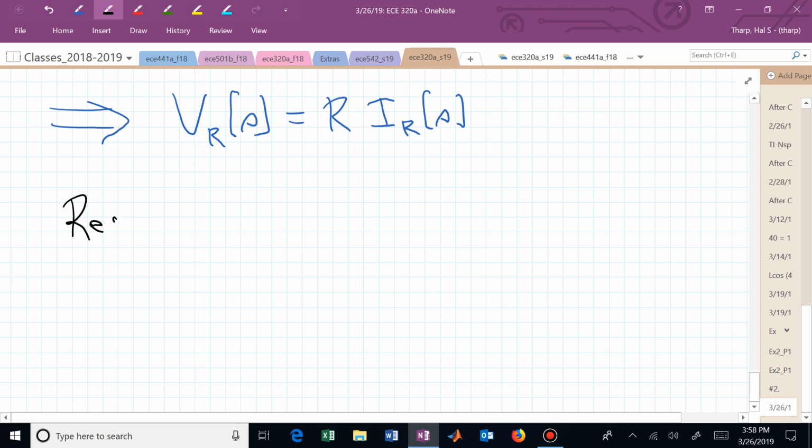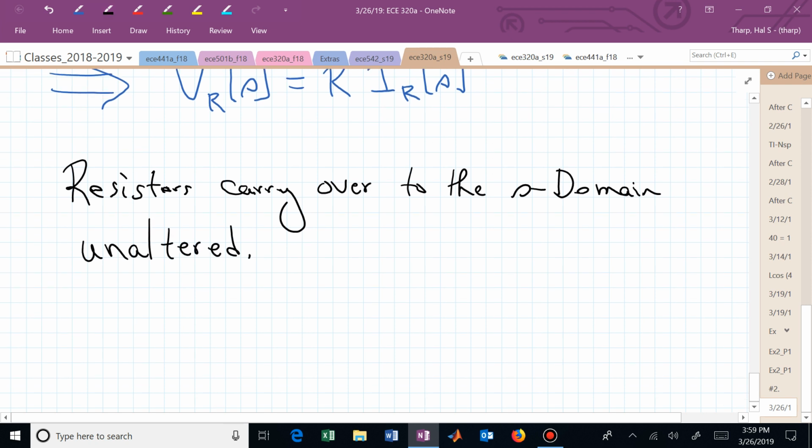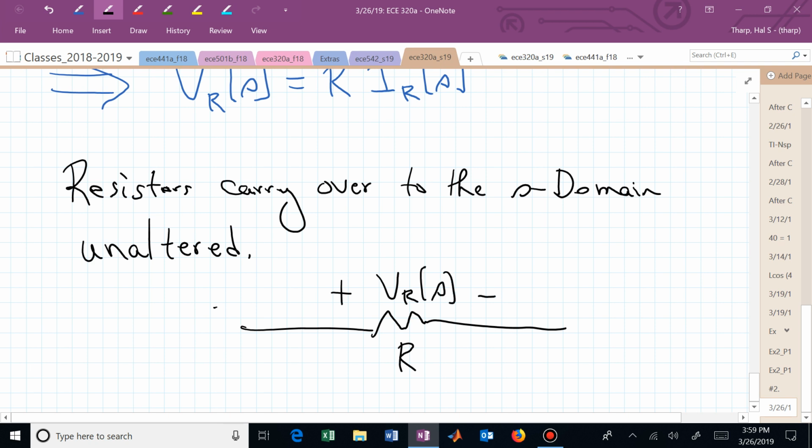Or what I will say is that resistors actually carry over to the S domain unaltered. The passive sign convention with this, or any resistor, is consistent with what it is in the time domain circuit.